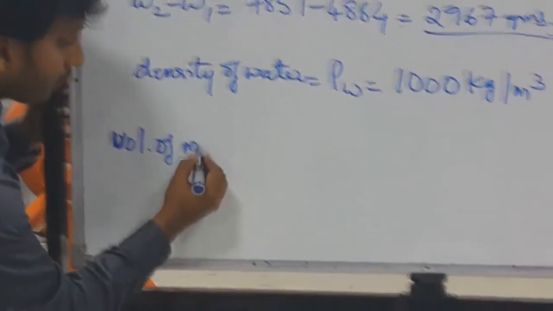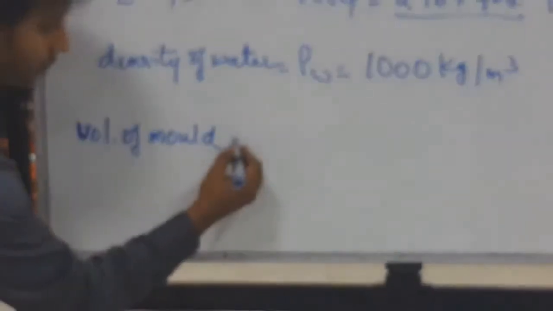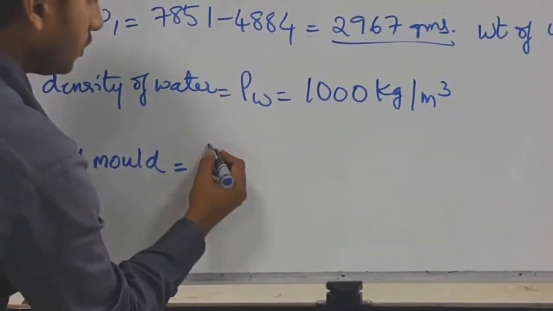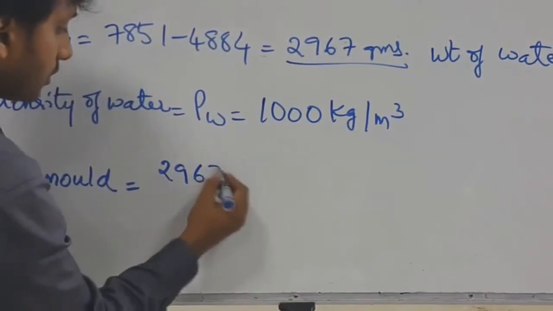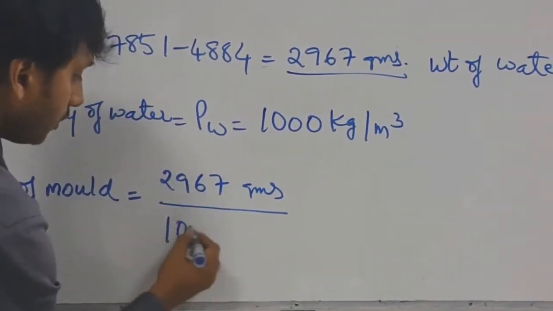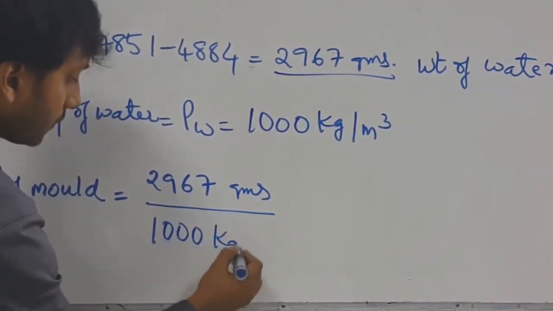Volume of mold is equal to the weight of water, 2967 grams, divided by the density of water.